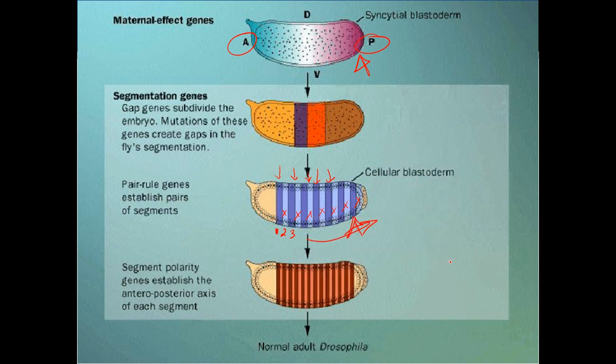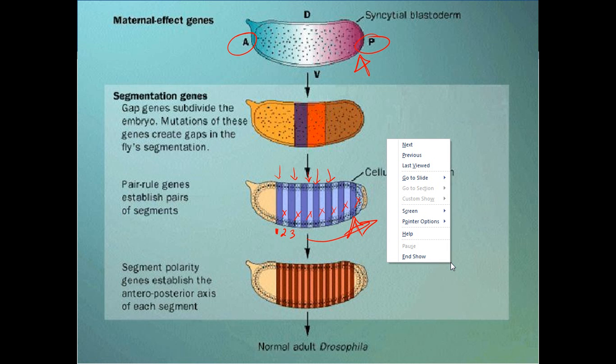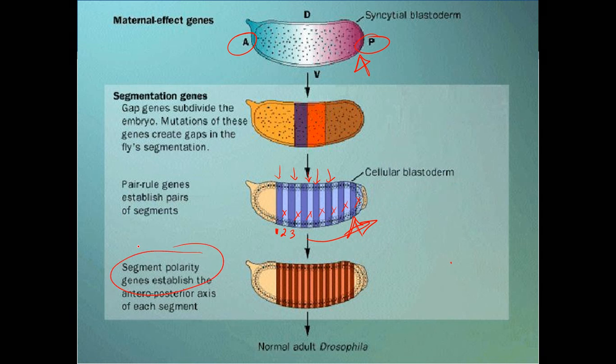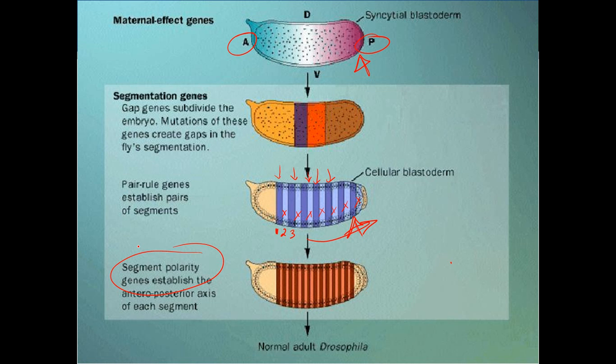And what they are going to do is that they are going to activate what we call a set of segment polarity genes. And these segment polarity genes are responsible for taking each one of those segments and establishing which side will be the anterior side and which side will be the posterior side.